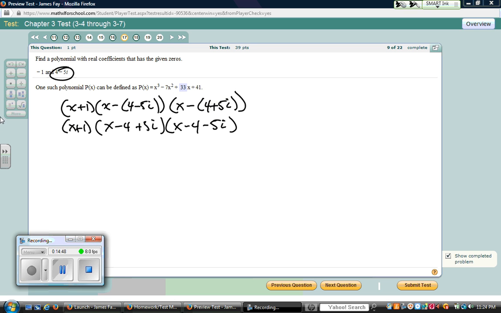Now I'm going to take these last two groupings and multiply them out. So x squared minus 4x minus 5xi minus 4x plus 16 plus 20i plus 5xi minus 20i minus 25i squared.